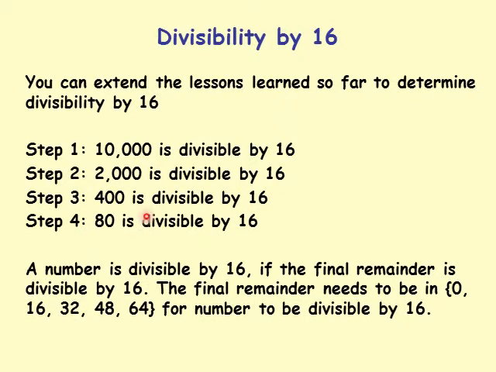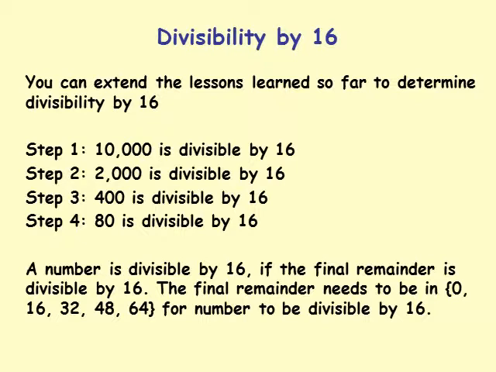Continue. Step 4, 80 is divisible by 16, and any remainder left over from step 3, we take out all the 80s we can, and what's left over is the remainder of dividing that remainder from the third step by 80, and that remainder is what you need to worry about, whether it is divisible by 16.